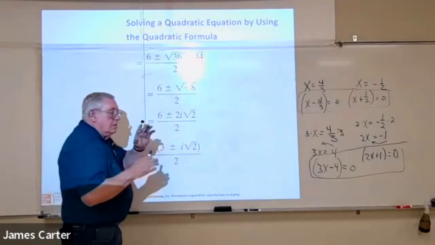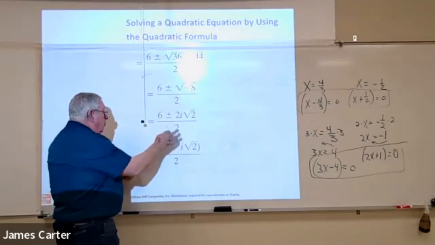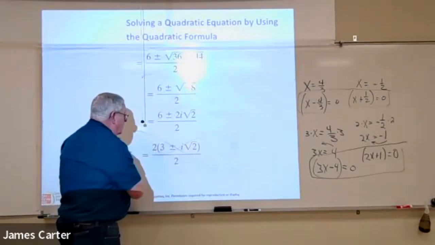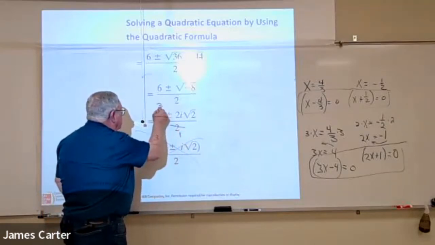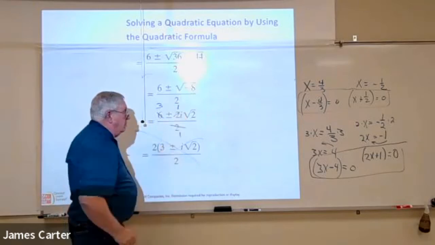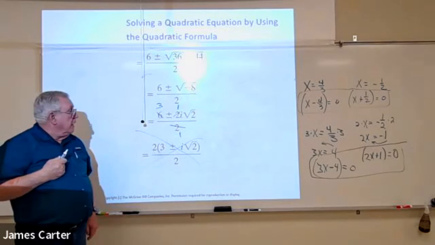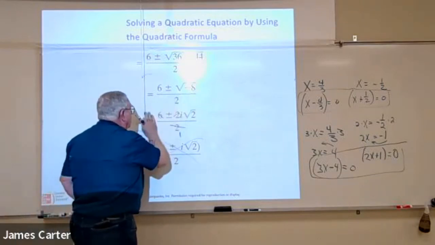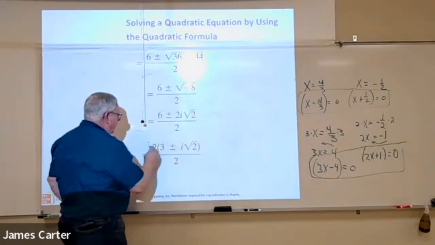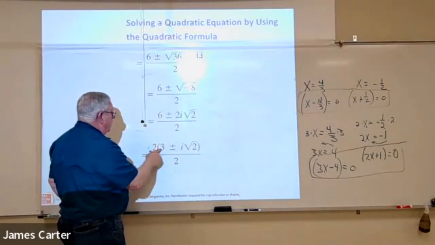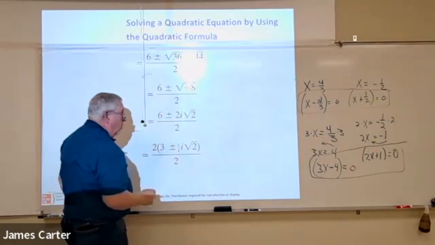Okay, now, let me just go through something. If I were doing this problem, I wouldn't do that step. I would do, this goes into that once, this goes here 3 times, that goes there 1 times. That's what I would do. Now, what they did is they factored a 2 out of 6, giving a 3. They factored a 2 out of 2, giving a 1.